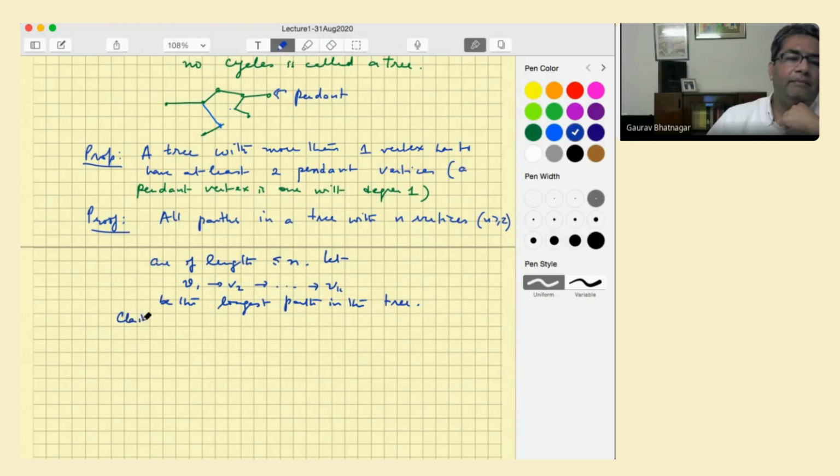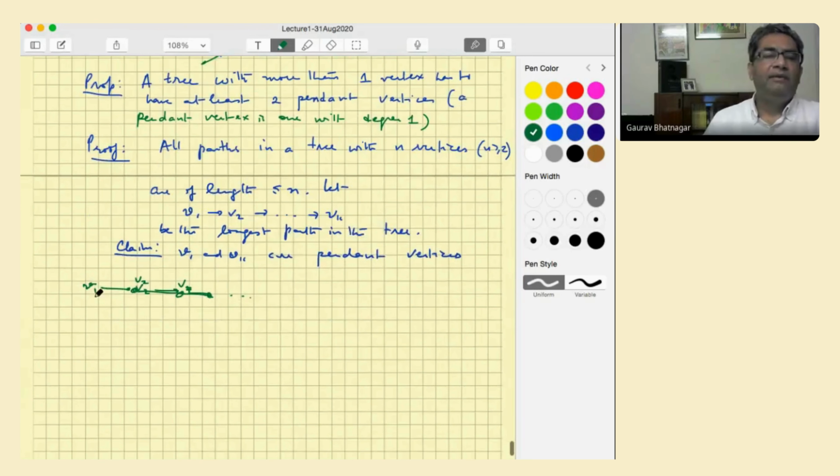Then I claim v1 and vk are pendant vertices. So v1 is connected with v2 for sure, and then you go on to v3 and so on. Right, so there is something like this. This is v2 and so on. This is a path, and we are saying that this one is a pendant vertex.